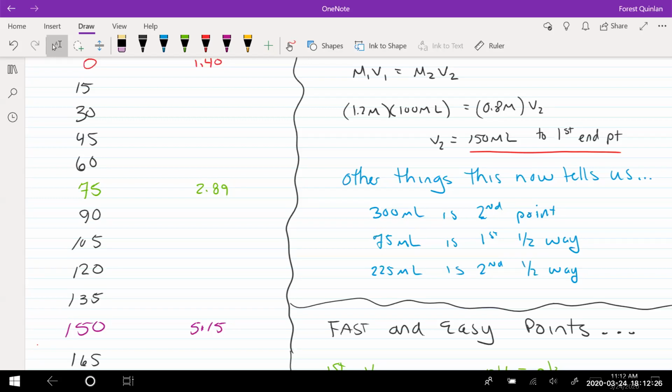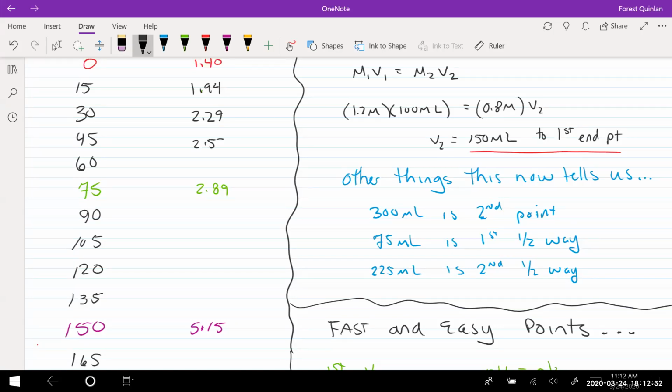Dallas, type away. Oh, we already did 15 and 30, but I scrolled up, so I don't have them. Oh, it's 1.94, 2.29.